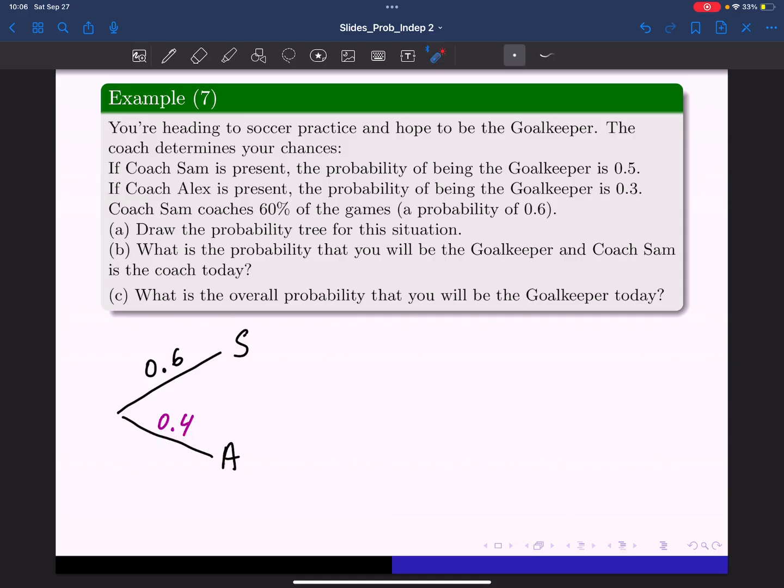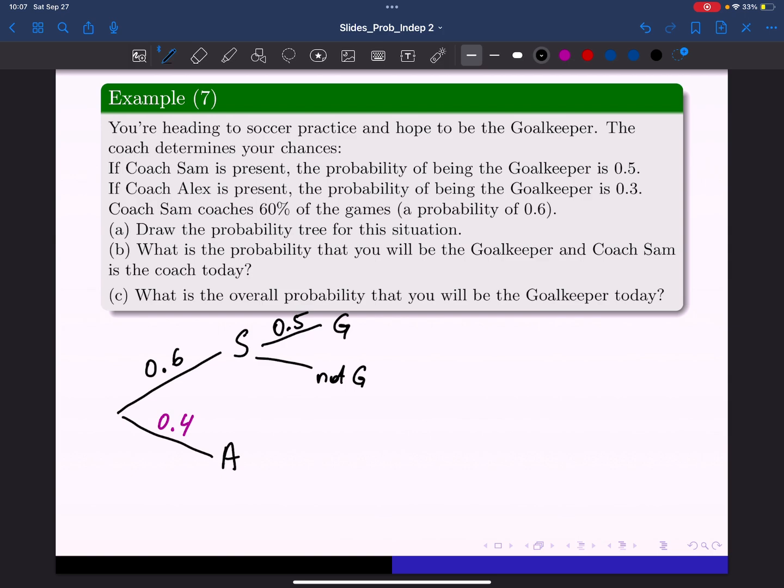Now, from Sam, we can be goalkeeper G, or we might not be goalkeeper, so that would be not G. So what are my chances? If coach Sam is there, then the probability of being goalkeeper is 0.5. So we write 0.5 right here.